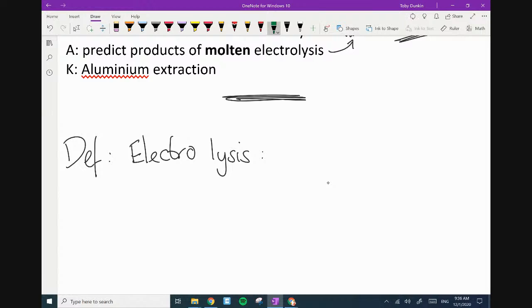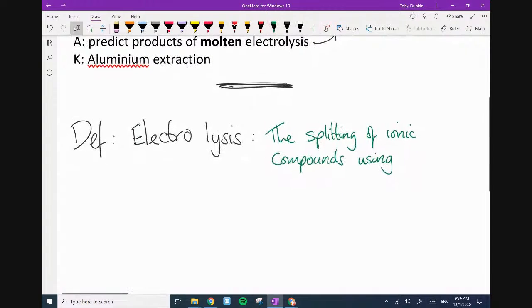Electrolysis: the splitting of ionic compounds using electricity. Notice how it's specifically for ionic, which we've just finished, and hence why it's important to do this immediately after. The splitting of ionic compounds using electricity.